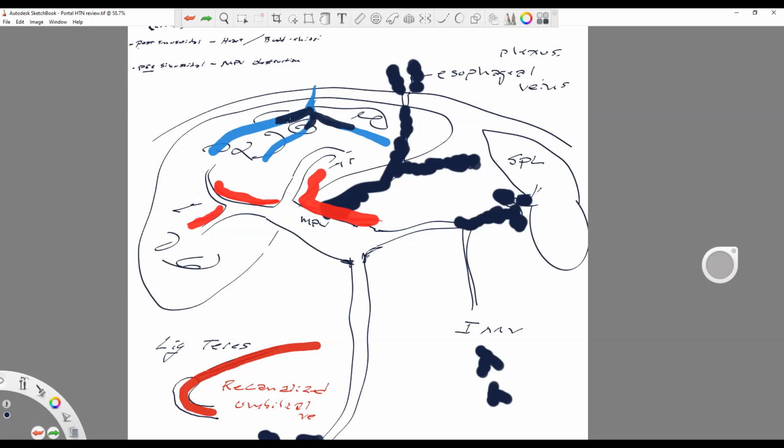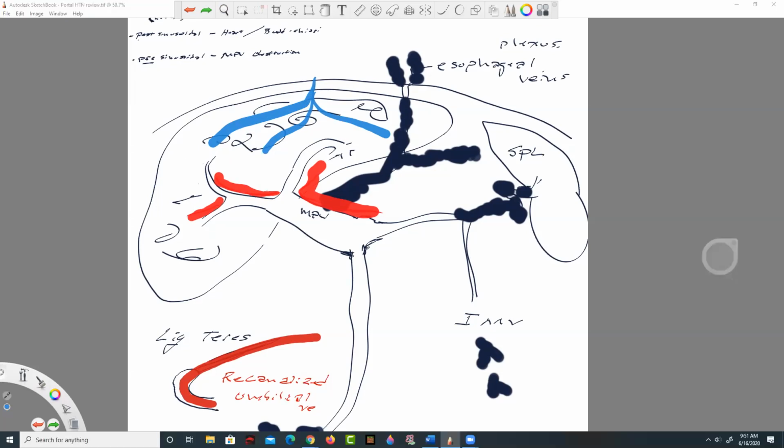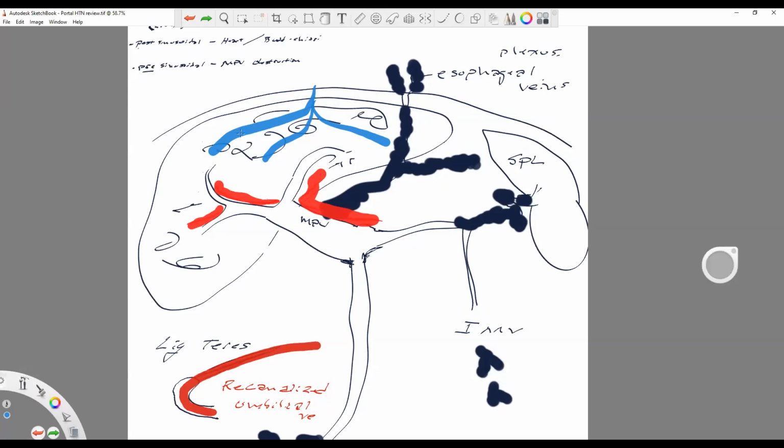So that's one possibility. The other possibility is if you find veins that are particularly large, so a lot of times we have a hard time finding people's hepatics. They're barely seen.